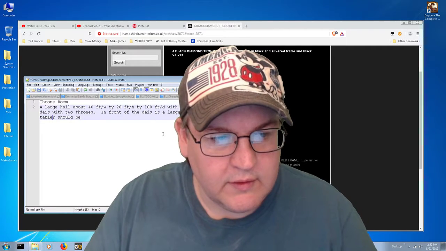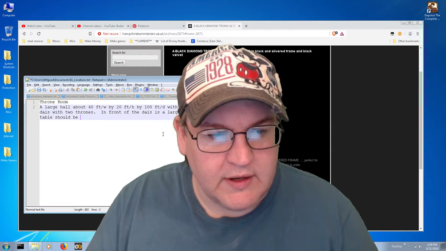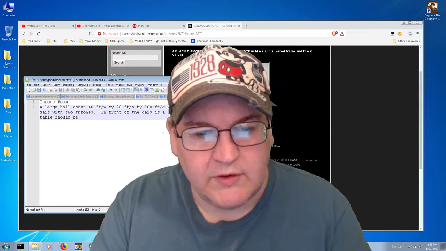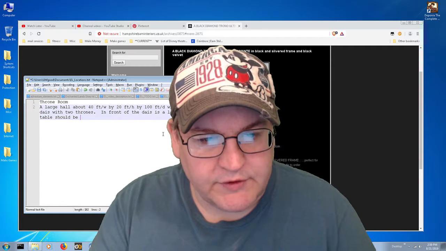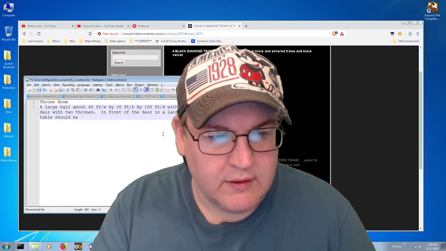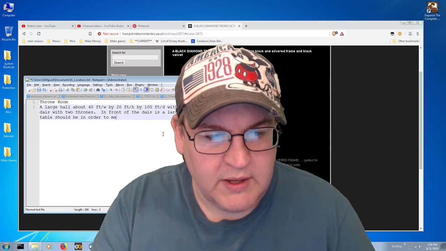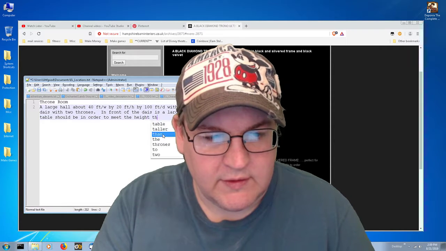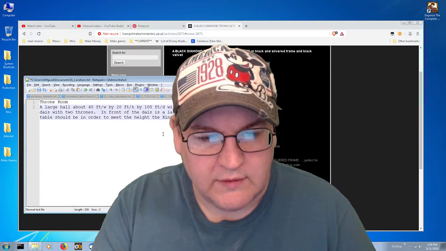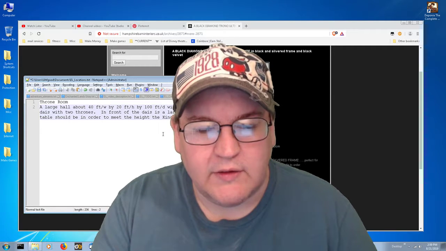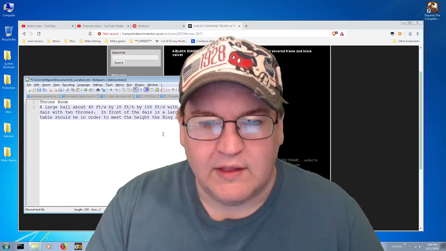I know I did it again, but I'm describing the throne room here. Taller than a table should be, in order to meet the height a king and queen sit at. So the table is going to be level with them.